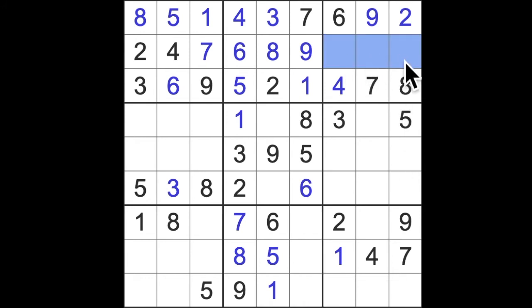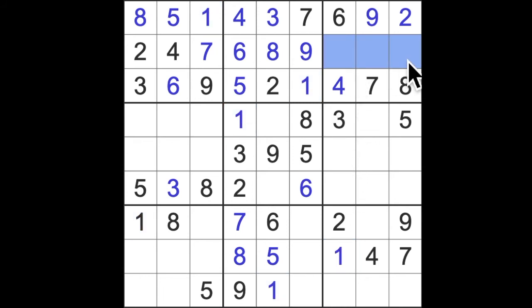Let's look up here. What are we missing? We're missing 1, 3, and 5. So let's see if we've got any intersecting numbers. Well, here's a 5, here's a 3, and here's a 1. Now this is interesting because this time it's useful, because the 1 and the 3 are in the same column.